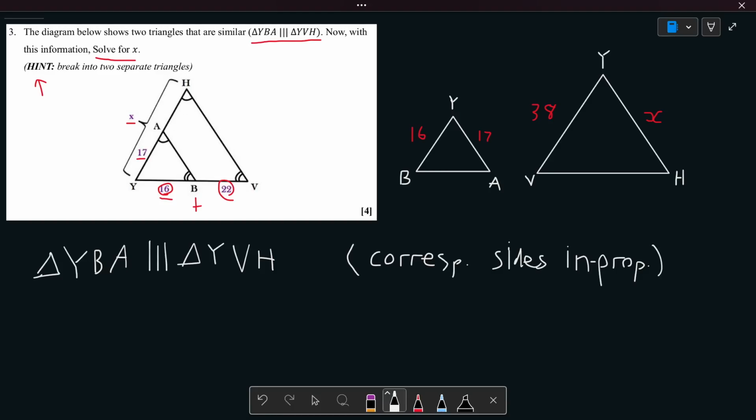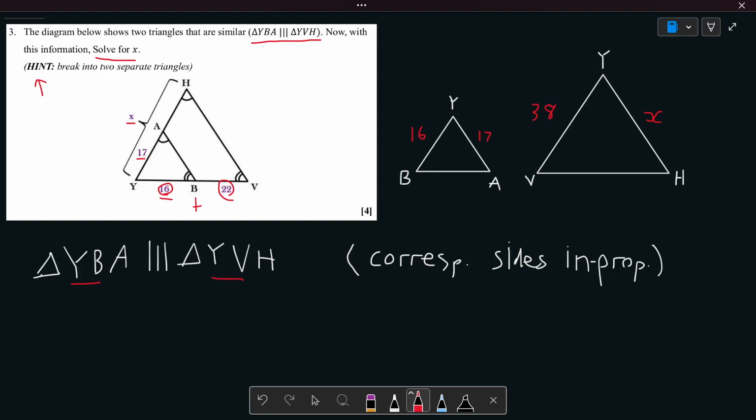Now what do we do next? This is probably the part where you'll get stuck. But remember the rule that I told you: we do know they are similar, so we can use this rule. We can say that this side is a ratio of the same side of the other triangle, in fraction form.